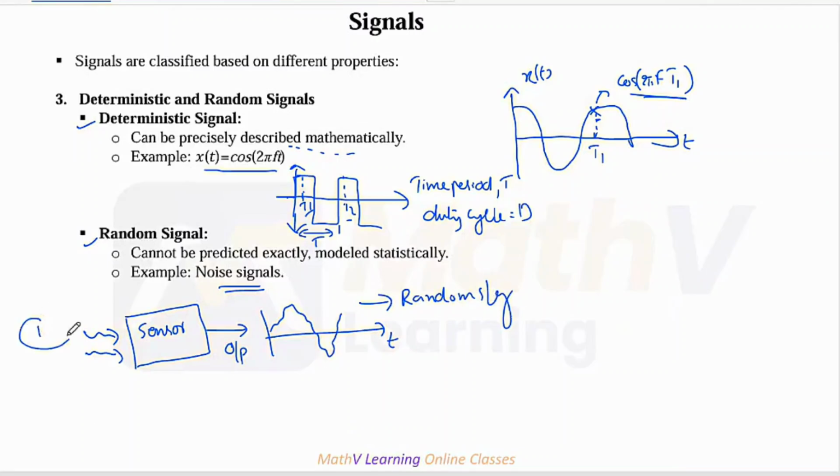right? Second, a signal from a transmitter.